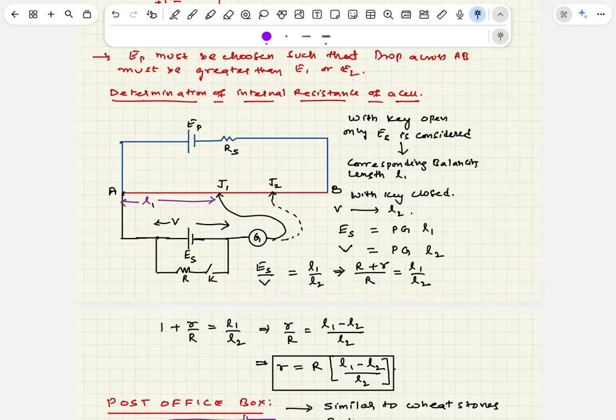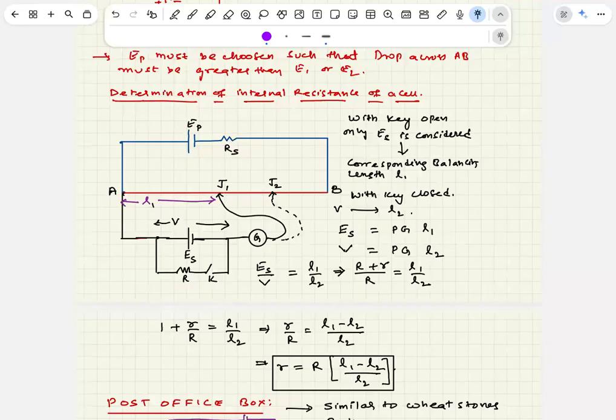See, there are two ways. One, I will open the key first, and I will measure the first balancing length. That is, corresponding to E, secondary is potential gradient times L1. I will close the key now. The problem is closing this key has nothing to do with the galvanometer. But because you have closed it, you are not measuring the EMF of this portion. You are measuring the potential drop across the cell.